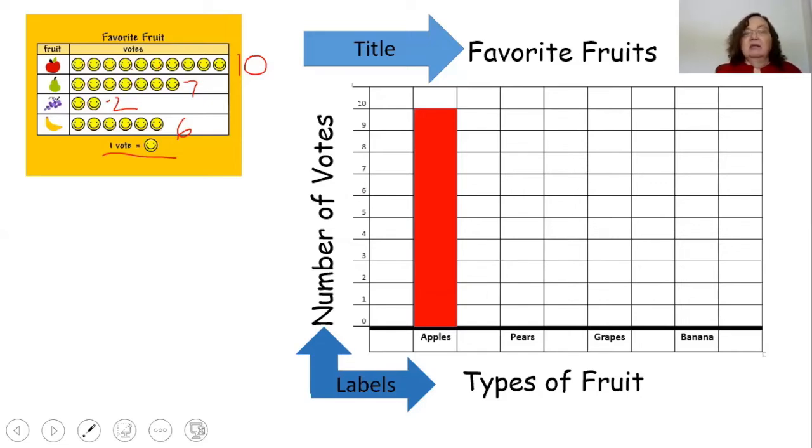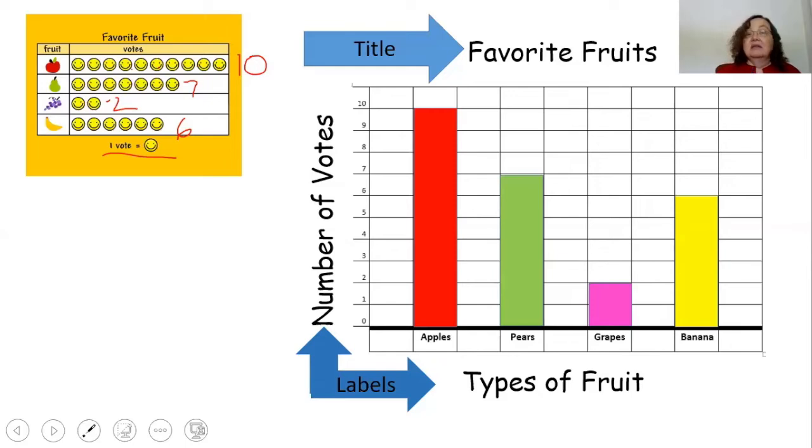So pears, we're going to do the same thing. Count 1, 2, 3, 4, 5, 6, 7, and I'm going to color in up to 7. And grapes up to 2, and bananas up to 6. So now I can see how the pictograph kind of looks like my bar graph.